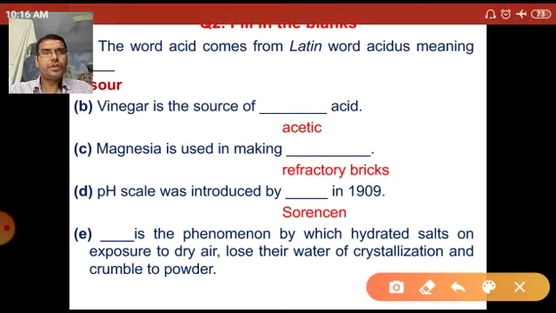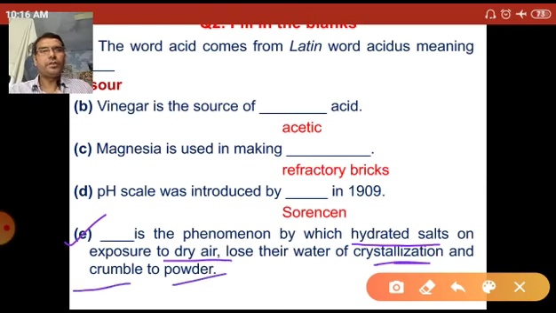Now the next question is E. Dash is the phenomenon by which hydrated salts on exposure to dry air lose their water of crystallization and crumble to powder.